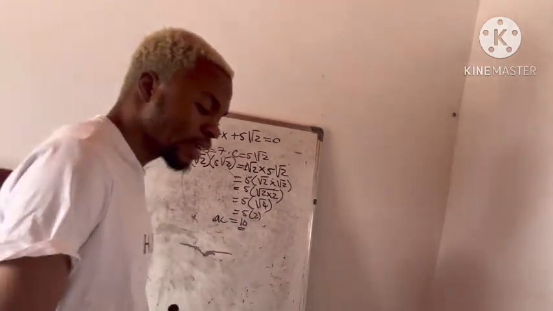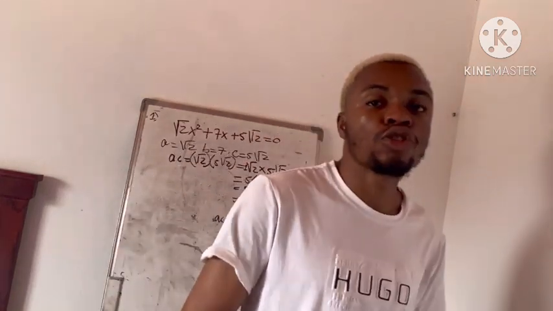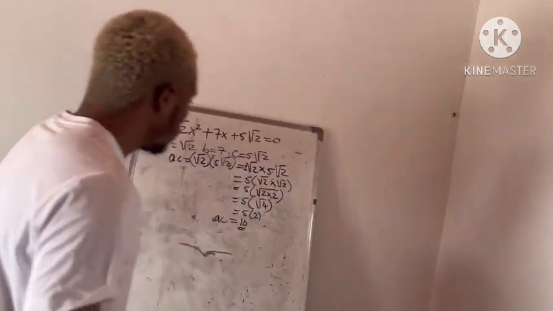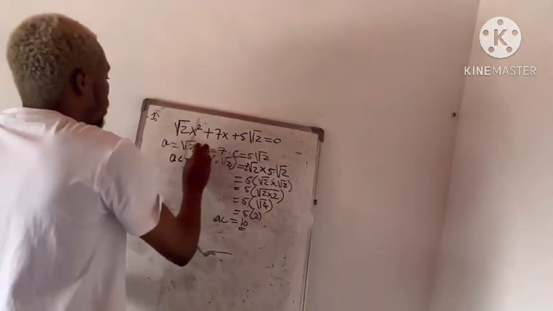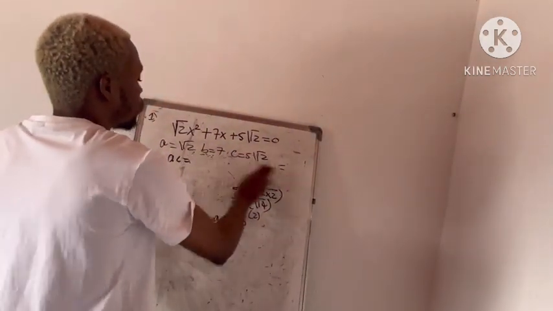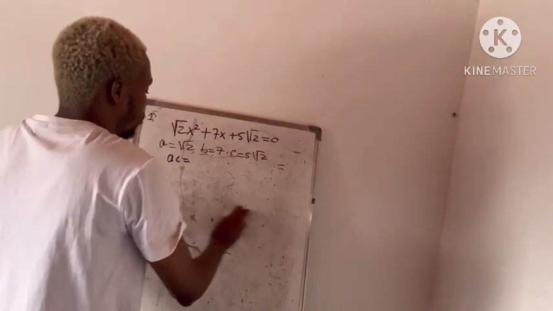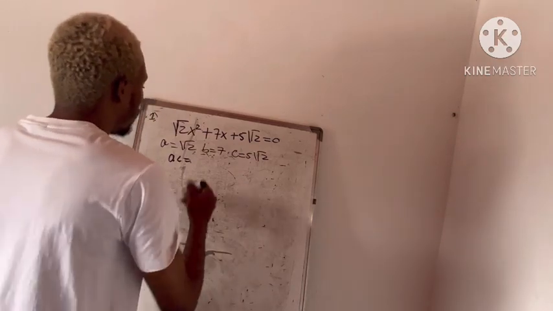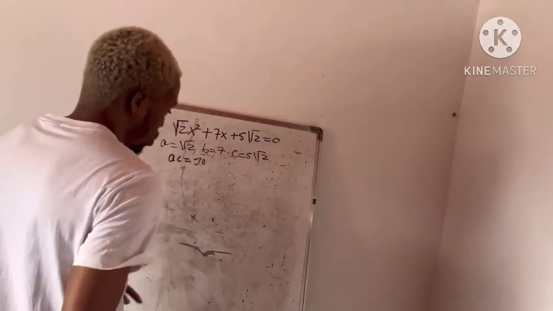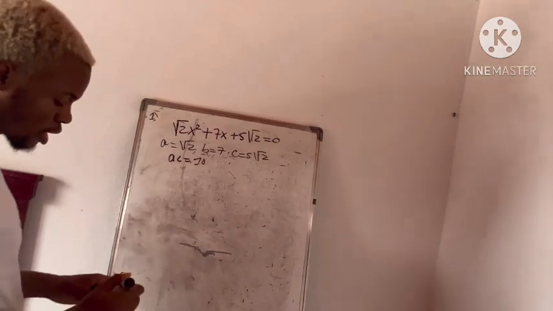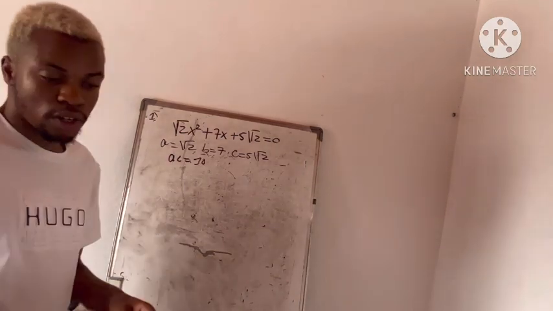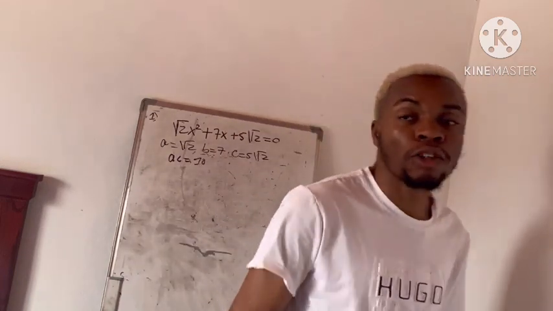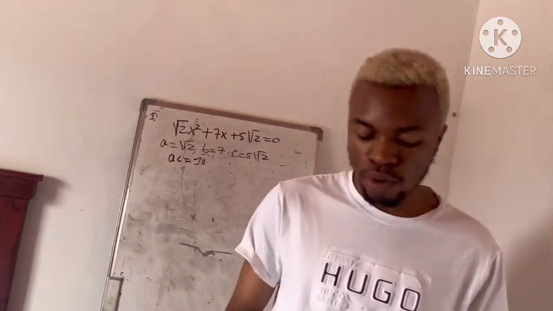Now, we got our value for AC, which is 10. So I hope you have written that down, because it's very, very important.